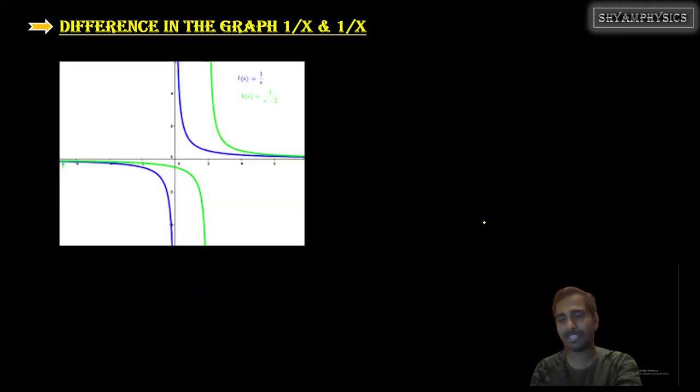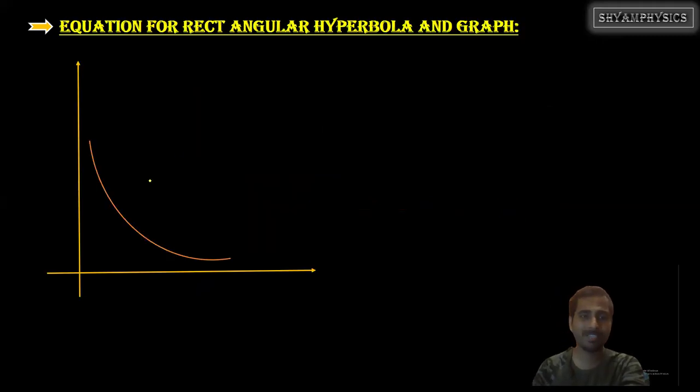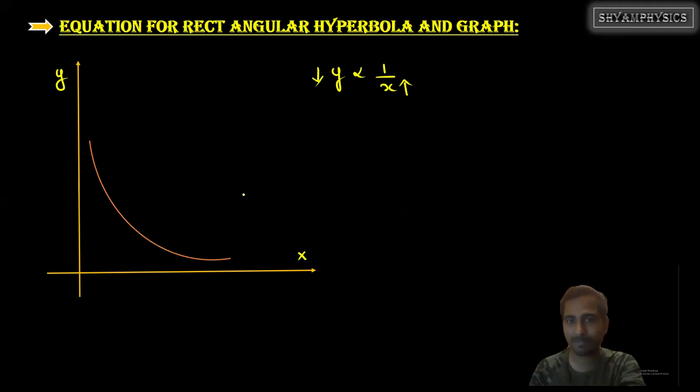Okay. And then coming to the point, these are the proportional quantities. For example, this is the y-axis, this is the x-axis. If y is inversely proportional to x, now tell me, if x increases then y should decrease, right? That function is represented here.